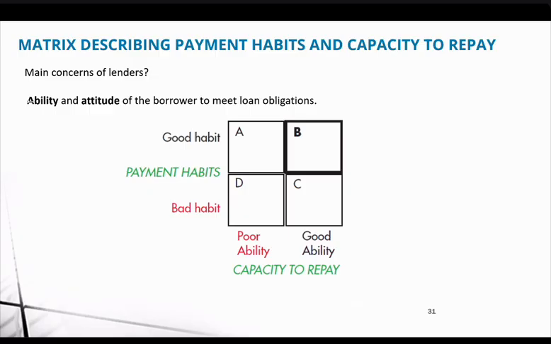What did Asmida say? A. Asmida, patah hati. Please, Asmida, I'm asking, which one is good ability but poor payment habit? When the one you chose, good habit, is A. Alamak. The one I'm asking is poor payment habits. Ayo, patah hati. See, oh my goodness. I thought this was going to be the easiest question.